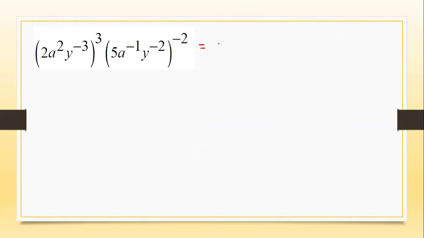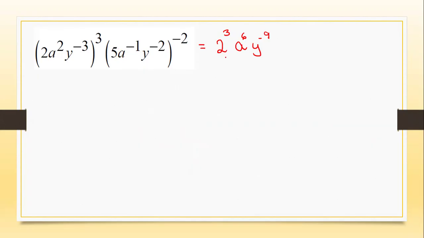So we have 2 to the power of 3, a to the power of 2 times 3, which is 6, y to the power of negative 3 times 3, which is y to the power of negative 9. Now we have all of this raised to the power of negative 2.